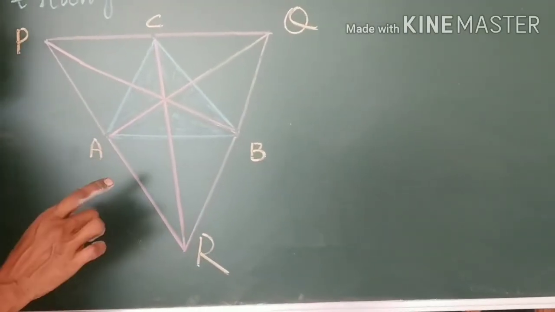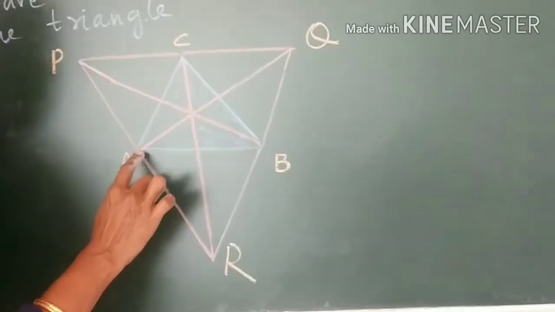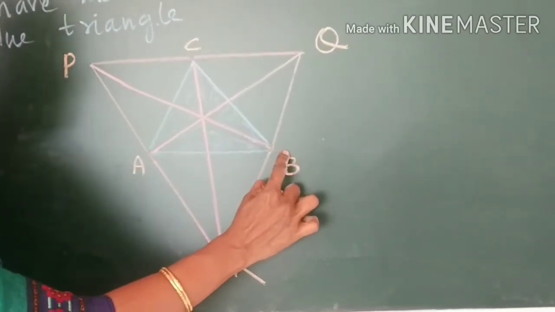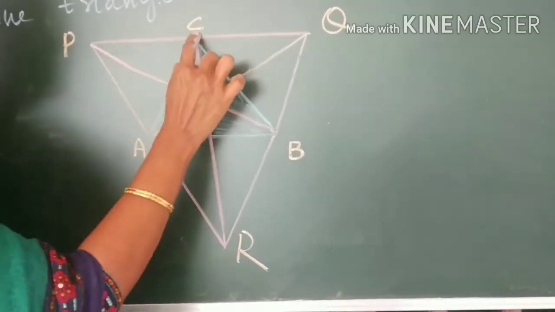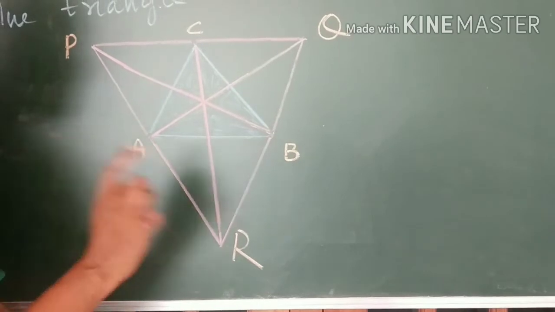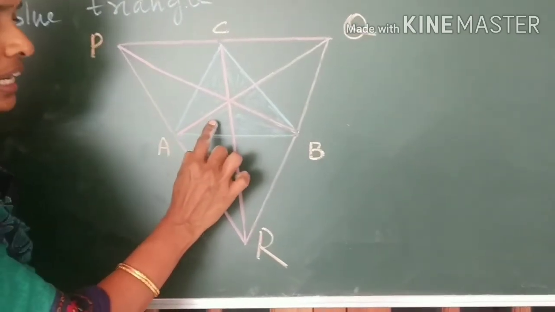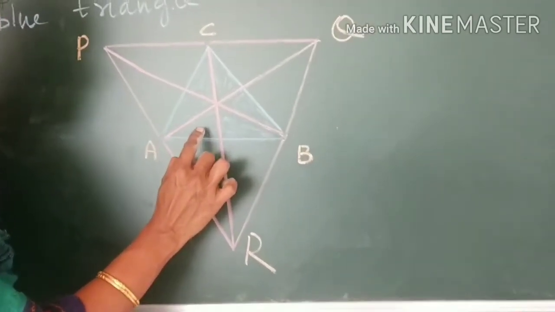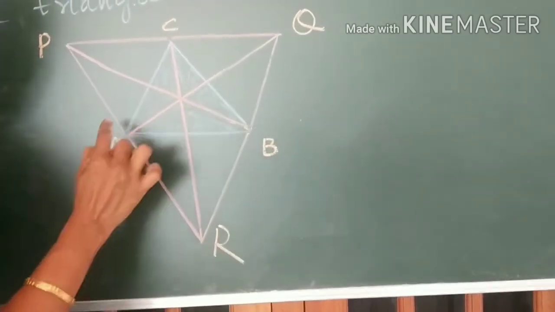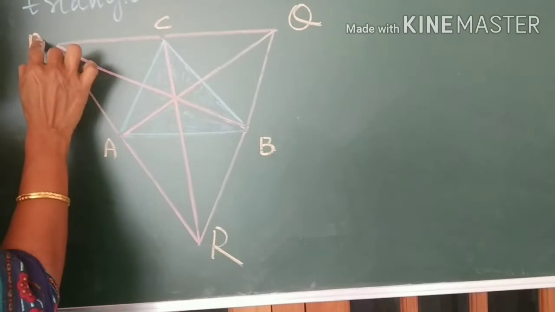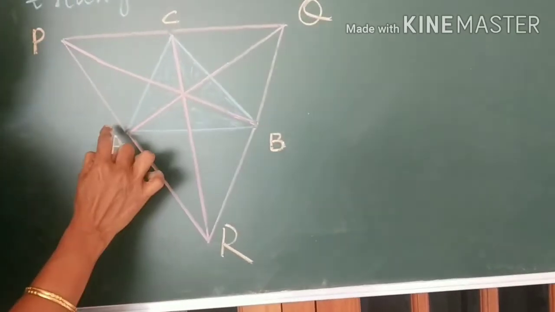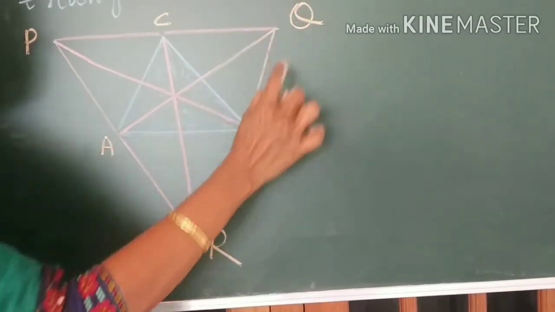Now we are using our idea. All triangles with the same base and third vertex on a line parallel to the base have same area. So very clearly you can see from the picture, with base AB you have triangle APB, ACB and AQB.